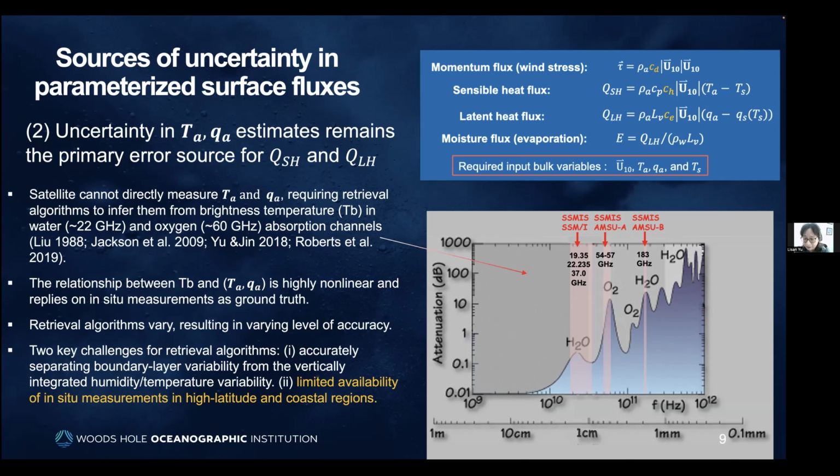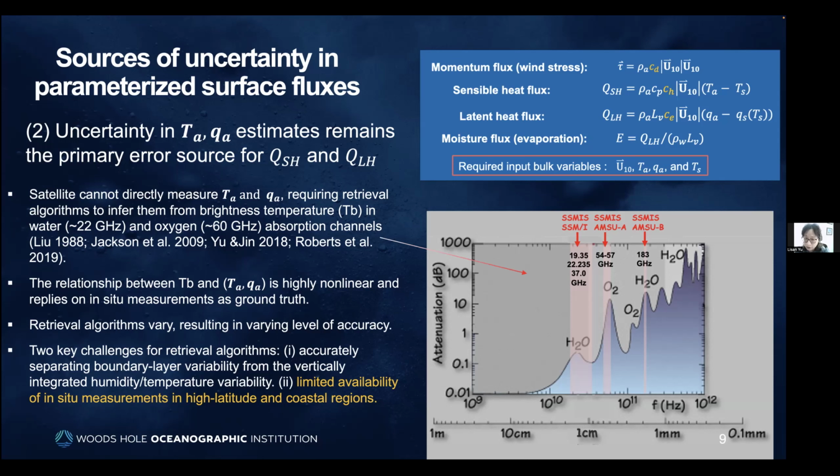And we have different methodologies in terms of developing the retrieval algorithms. Because our methodology differences and the retrieval algorithms vary, this leads to varying degrees of accuracy in terms of temperature and humidity retrieval.